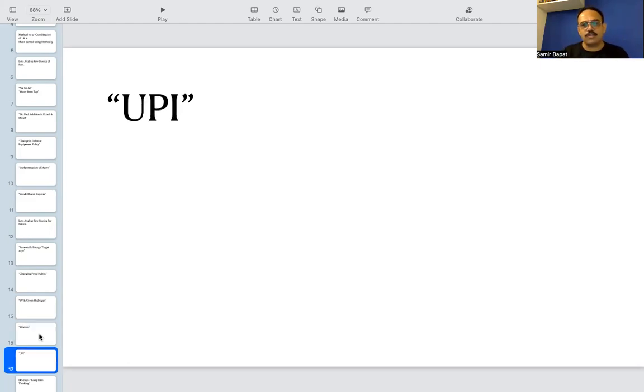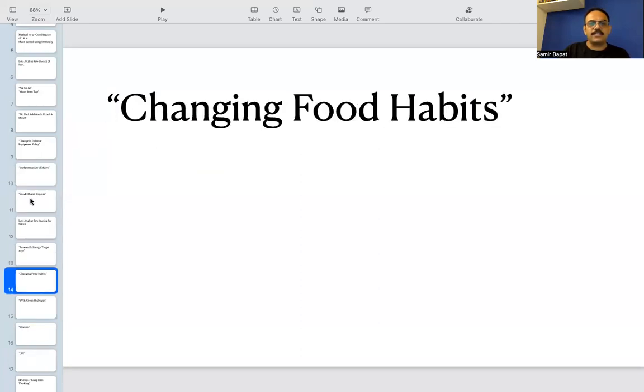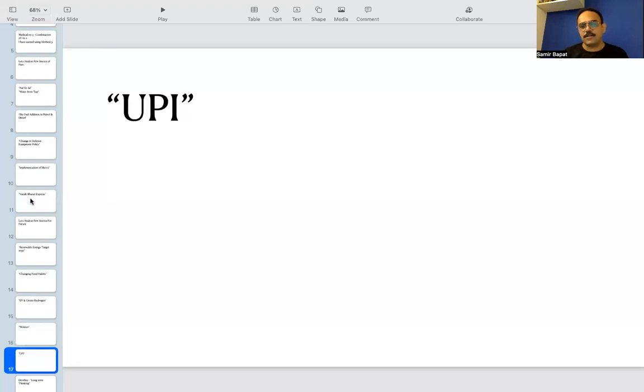Last story for today is UPI. So we have covered renewable energy, changing food habits, EV, green hydrogen, women having more disposable income to spend, and last but not the least is UPI.